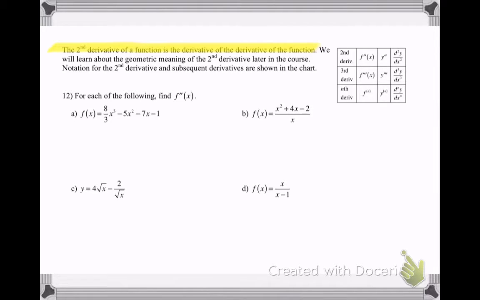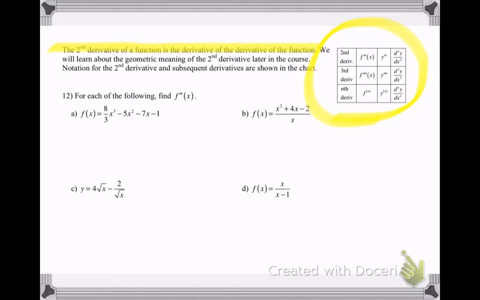For right now, I just want to do the mechanics, and I also want to show you right here in this table some of the notation. So basically, how we put that little prime for f prime of x to mean the first derivative. Well, if we put 2 of those little apostrophes, double prime, that means the second derivative. 3 would mean the third derivative. Beyond that, it gets a little bit hard to count.